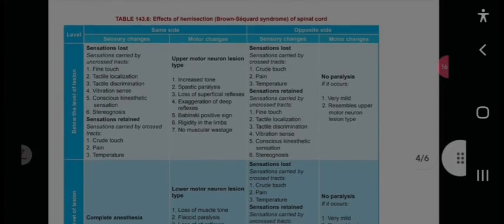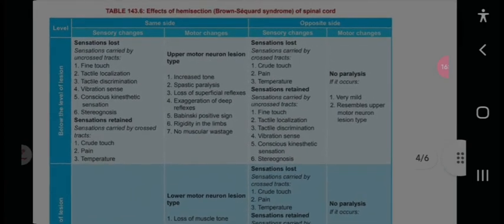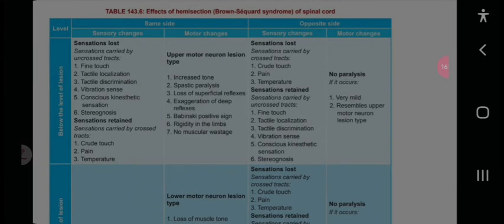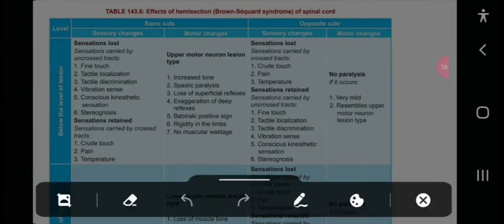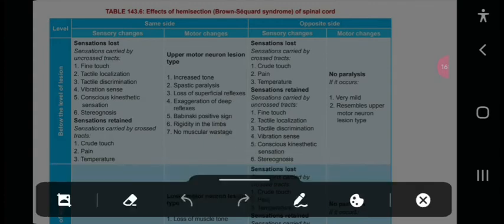Now, effects of hemisection, Brown-Sequard syndrome of the spinal cord. Sensory changes, same side and opposite side. Sensation lost: sensation carried by uncrossed tract, fine touch. These all are very important topics.